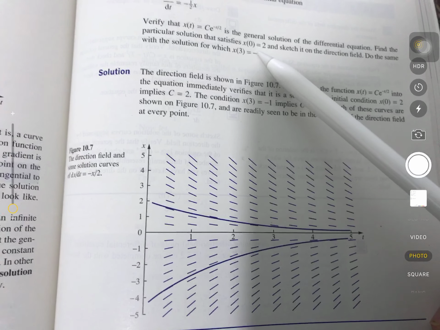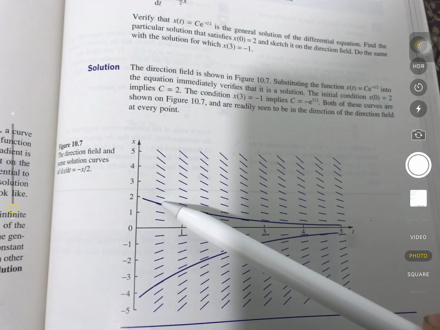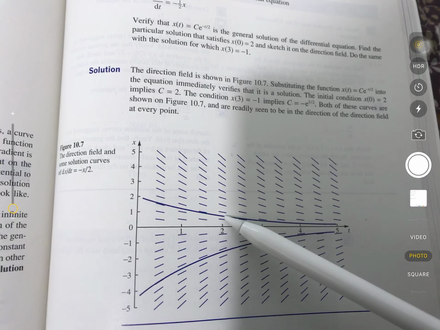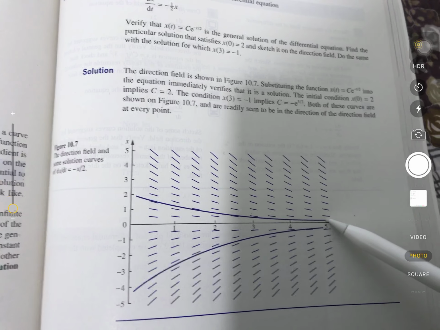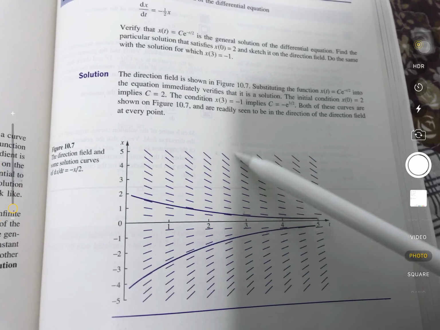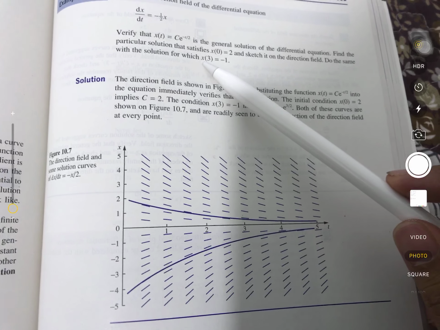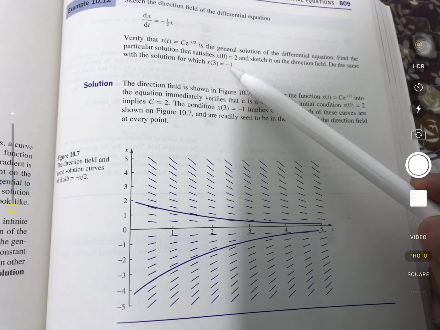So we can start the line at point 2 right here, and then follow the direction field. Make sure that this line is tangential to the direction field. So we will get this line, and this line is correct. And also the other line: when t is equal to 3, x should be -1.